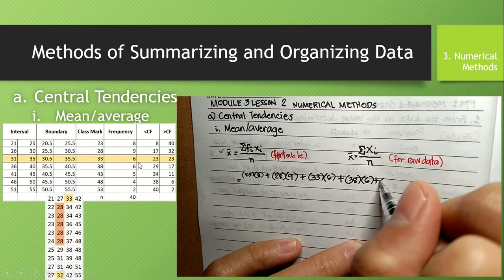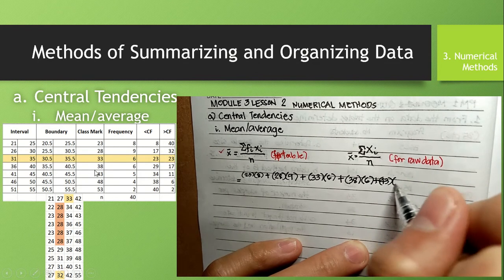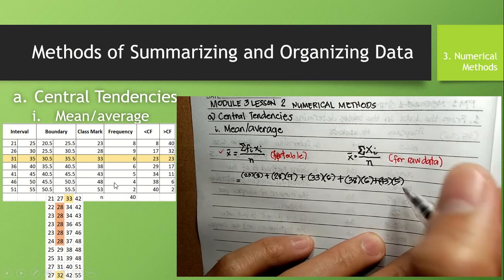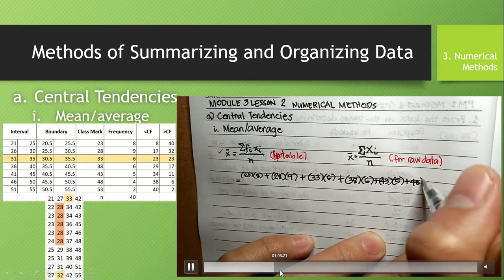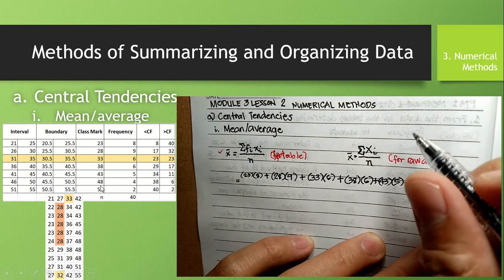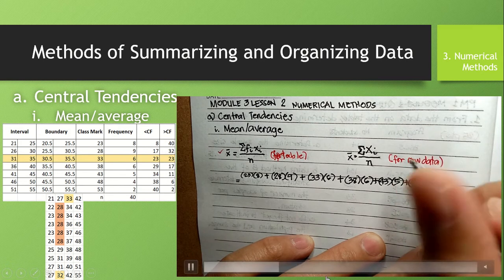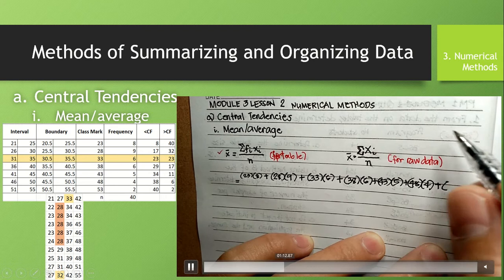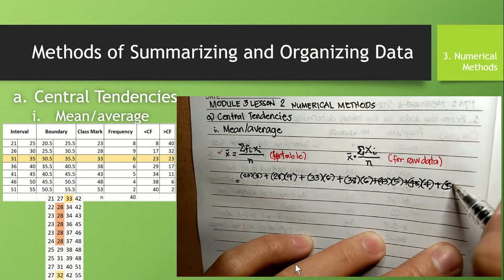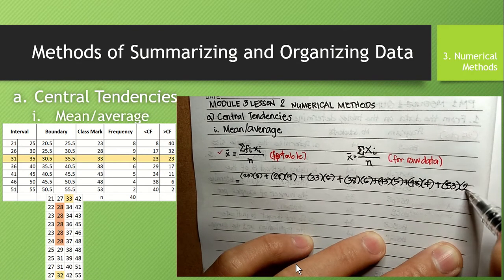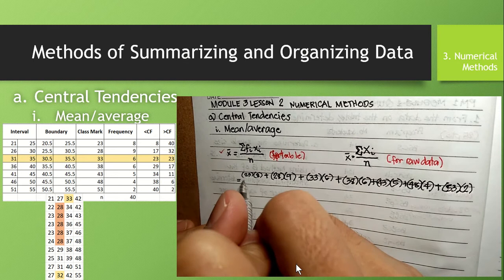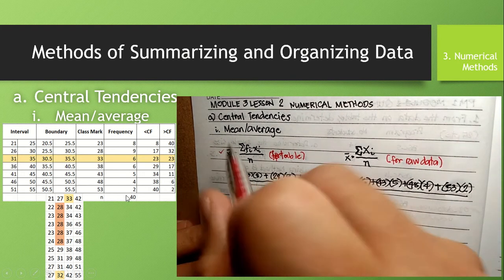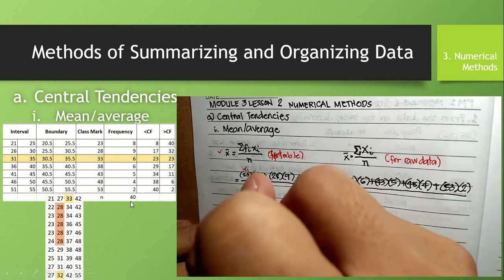So that's 33 times 6 plus 38 times 6 plus 43 times 5 plus 48 times 4 and 53 times 2. Then you have to divide it by the n, or the sample size. For our case, our sample size is equal to 40.